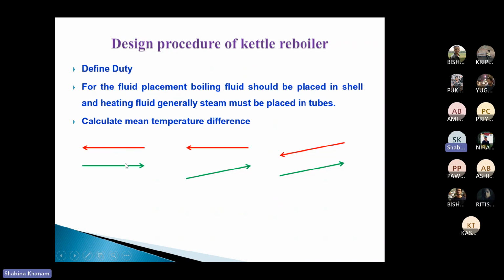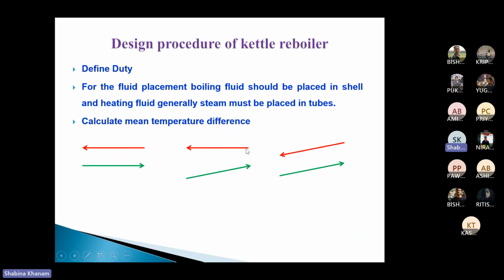So in this way, the difference of these two will be the mean temperature difference. No need to calculate LMTD, it won't be feasible. So in that case, the difference of these two will be the mean temperature difference.